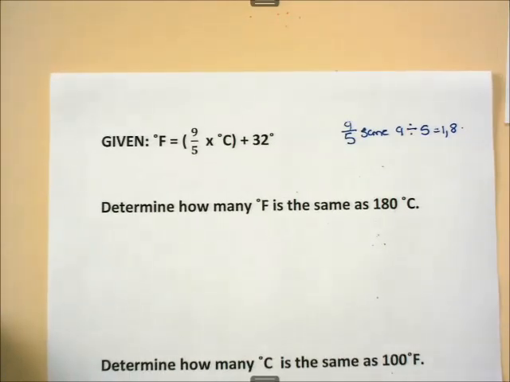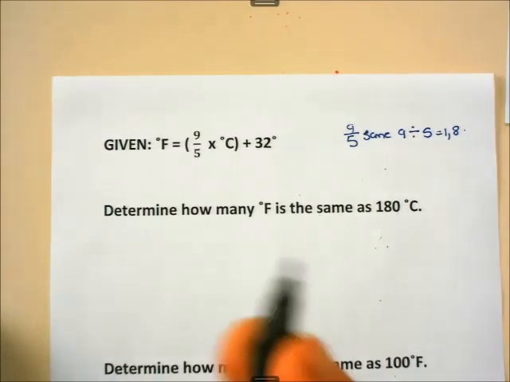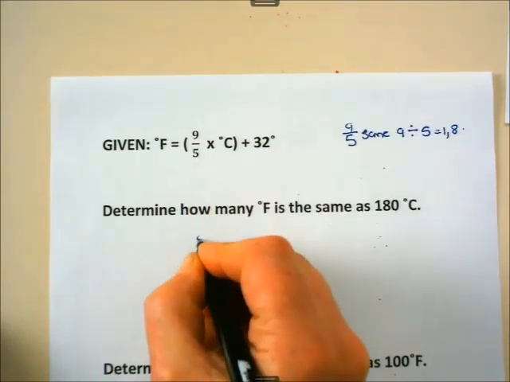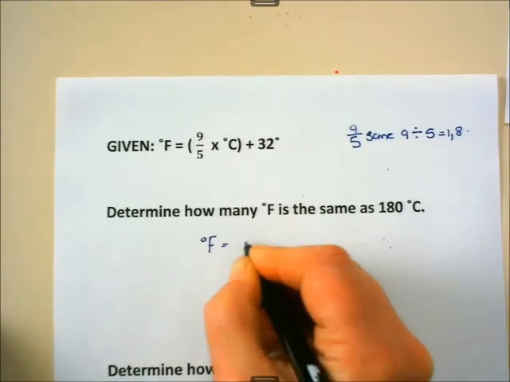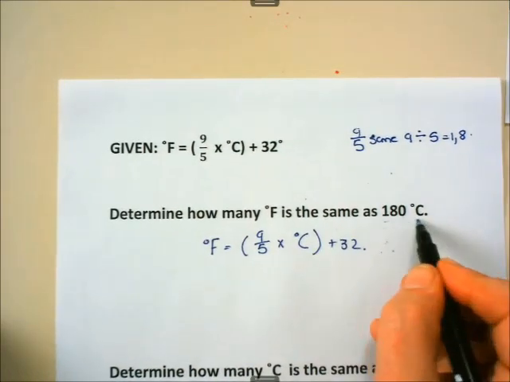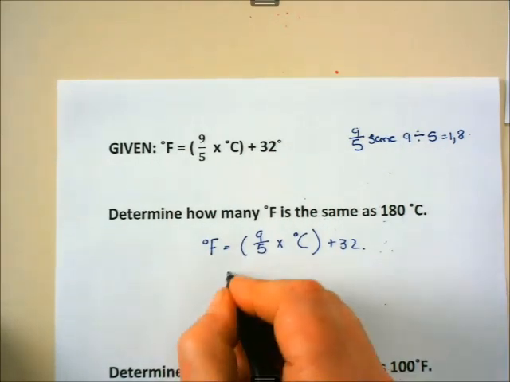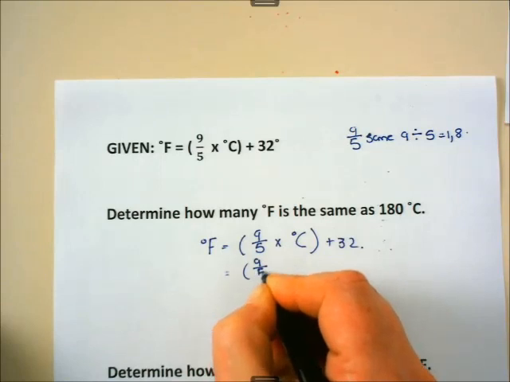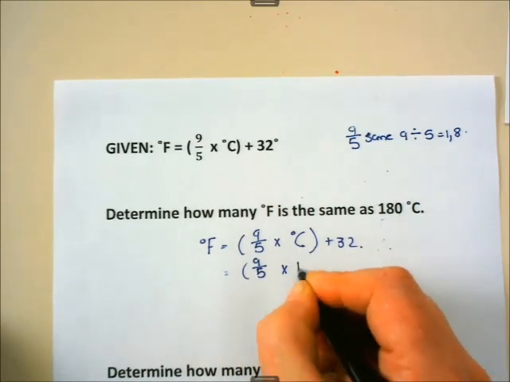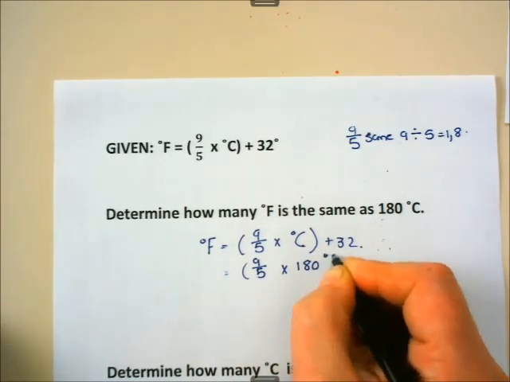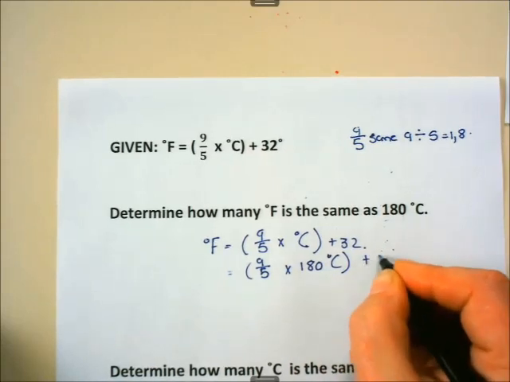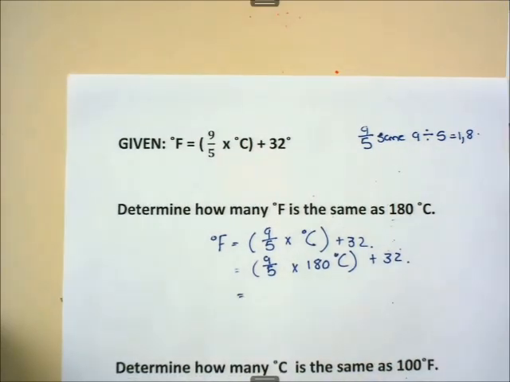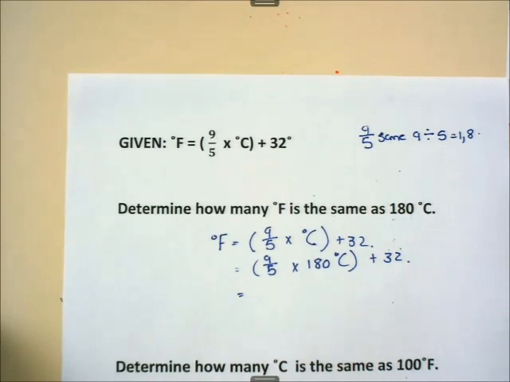I'm going to just show you one example. Say for instance, I am using the formula given. I'm given 180 degrees Celsius. I'm in this case going to work with the 9 over 5 times, in the place of degrees Celsius, I put 180 degrees Celsius, and then I add 32. If you are pressing 9 over 5 on your calculator, you will anyway get 1,8.